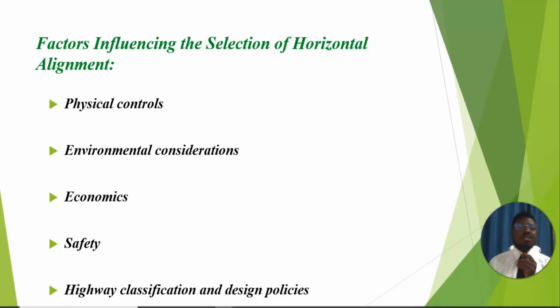If the design is going to involve HOVs, that is high occupancy vehicles, or if it's going to be restricting HOVs, all these things have to be taken into consideration. The number of seconds it takes for a vehicle to change direction is not going to be the same as that of a high occupancy vehicle. So all these things need to be taken into consideration when selecting the horizontal alignment.